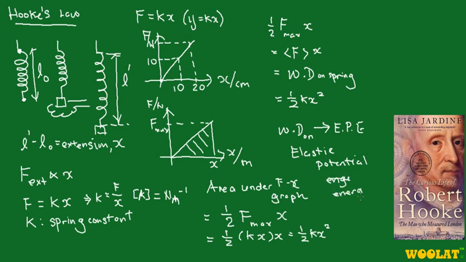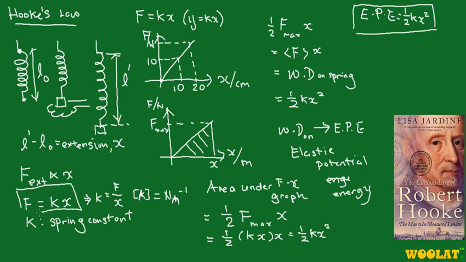So my conclusion here is the elastic potential energy that's being stored in a spring is equal to half kx squared. Now these two formulas, the elastic potential energy stored in the spring as well as Hooke's law, which I've quoted several times, are the key formulas in the Hooke's law subchapter.